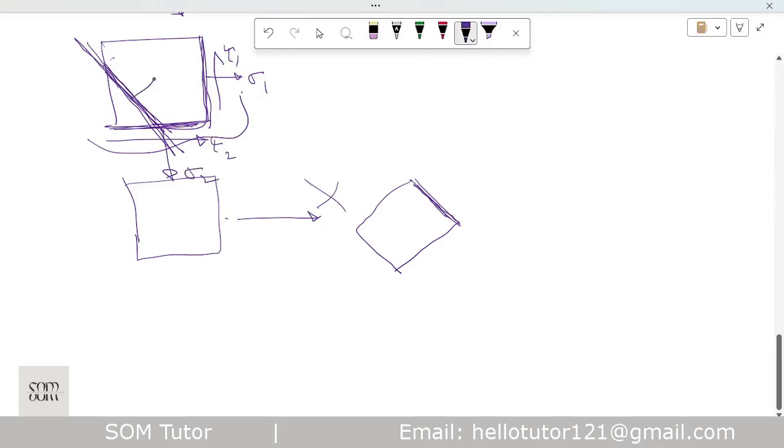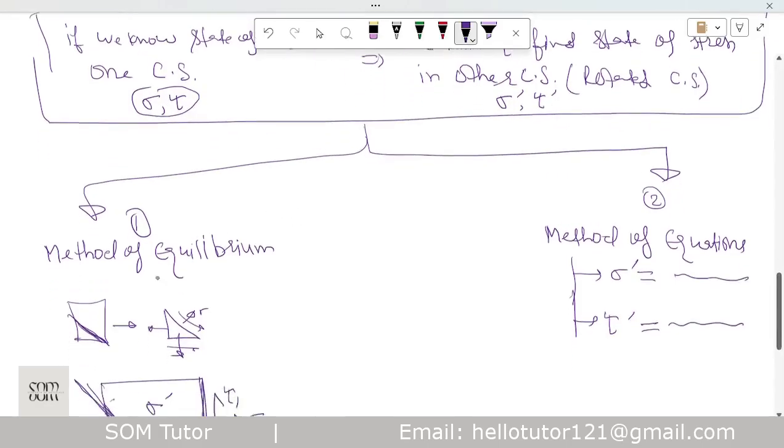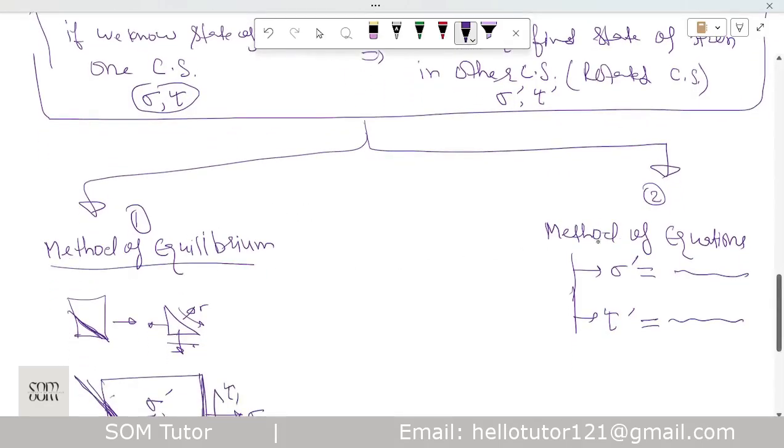I have to find the sigma prime and the shear stress tau prime on the oblique plane. This is another way of perceiving it, but in both cases the question is the same, and we can do it in two ways: the method of equilibrium and the method of equations, and we will discuss them one by one.